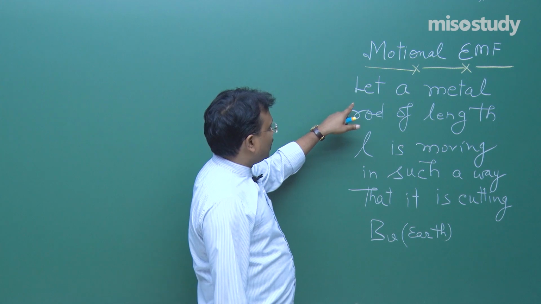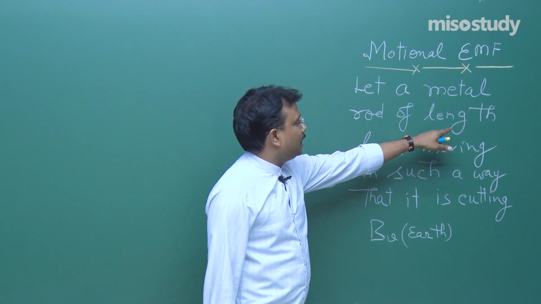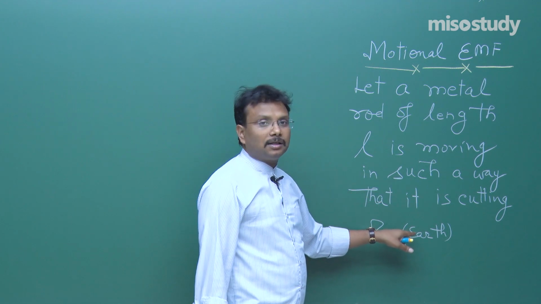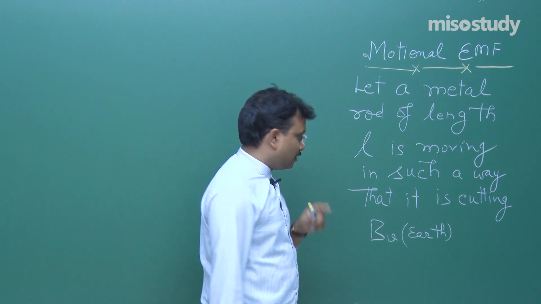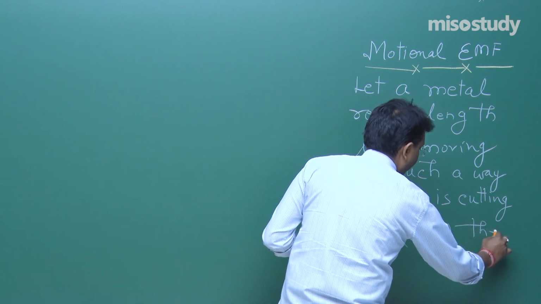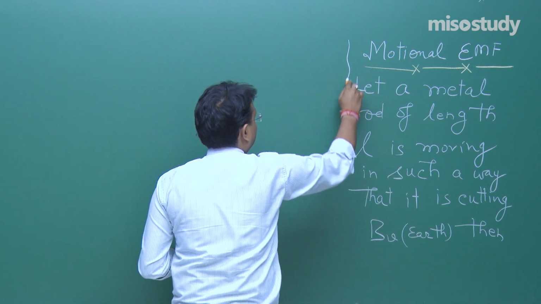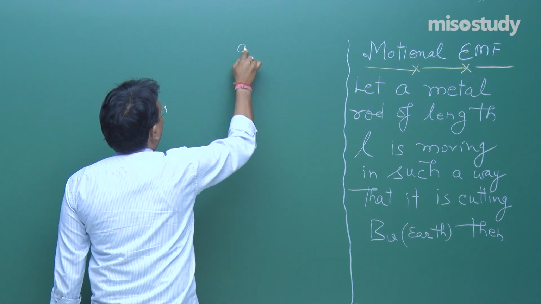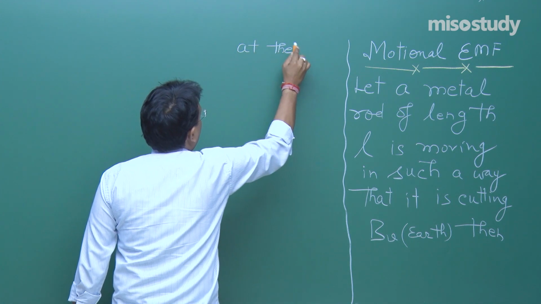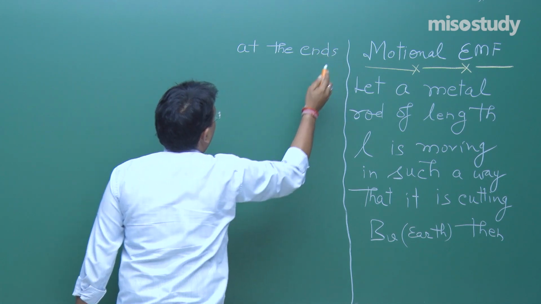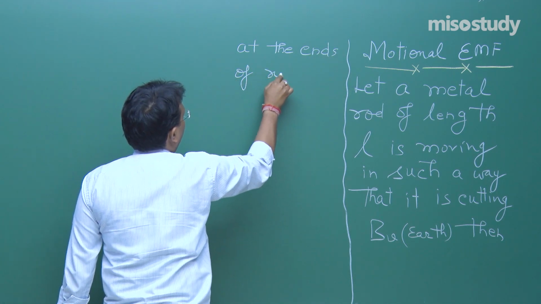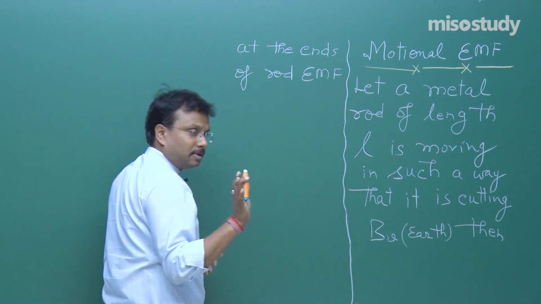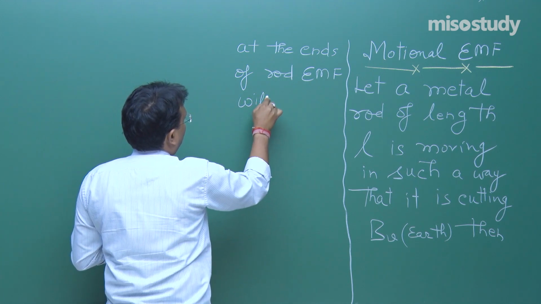Fine, so just take a look. Let a metal rod of length small l be moving in such a way that it is cutting BV, Earth, that is the vertical component of Earth's magnetic field. Then at the ends of the rod EMF, simple term, will appear.